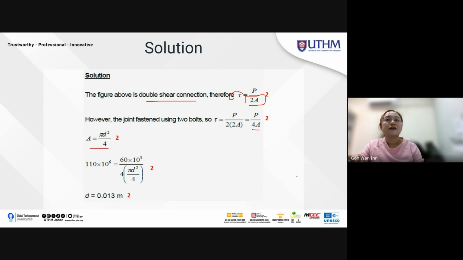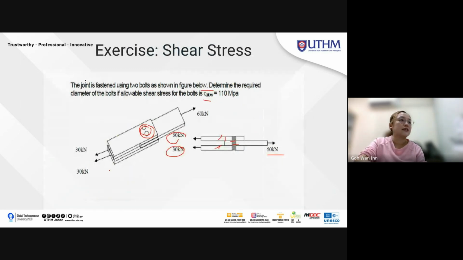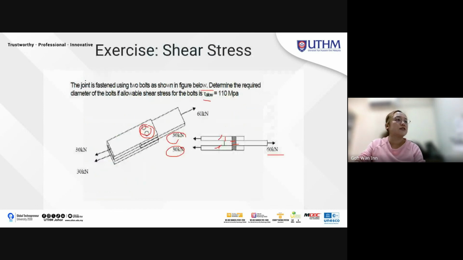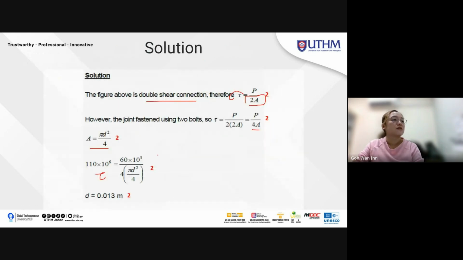In the final test, no equation is provided. This one you need to know. The basic equation is P over A, but you need to consider, according to the examples, how many surfaces you have and so on. So tau is 110, equal to 60 times 10 to the power of 3 over A. This is the force, this is the area.